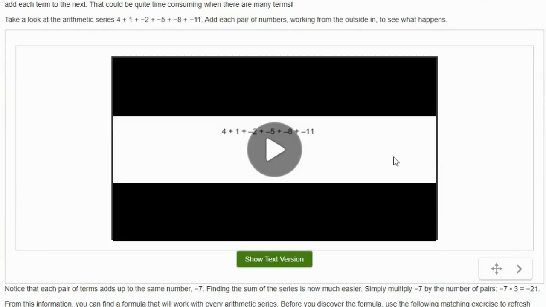All right, so we're going to look at this video with this little series real quick. All right, here we go. So this takes this series of numbers, and it takes the first and the last one and adds them together. 4 plus negative 11. Then it takes the next two, 1 and negative 8, adds them together. Then it takes the next ones, 2, negative 5, adds them together.